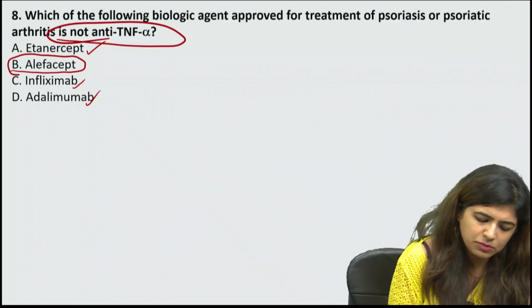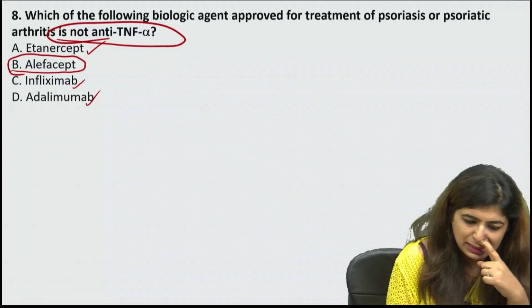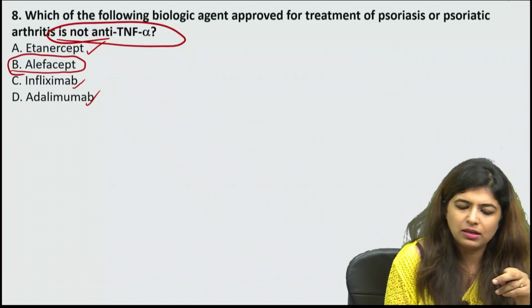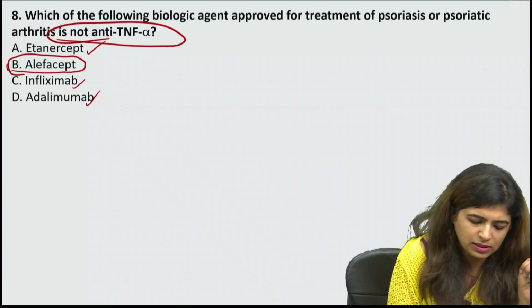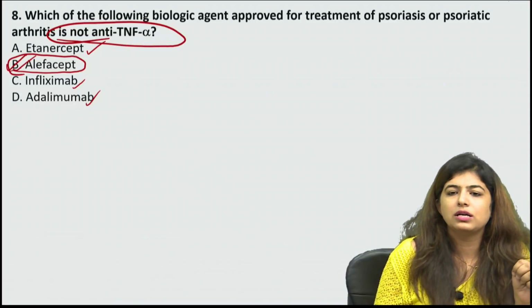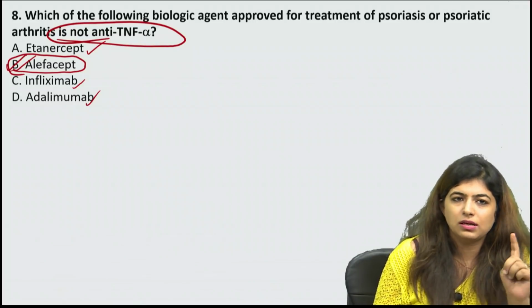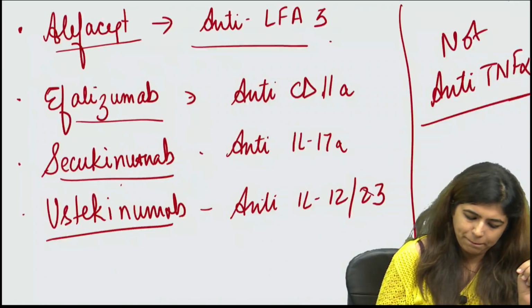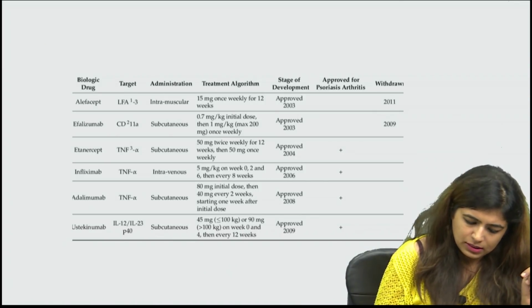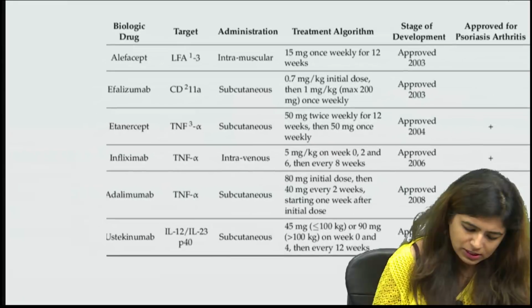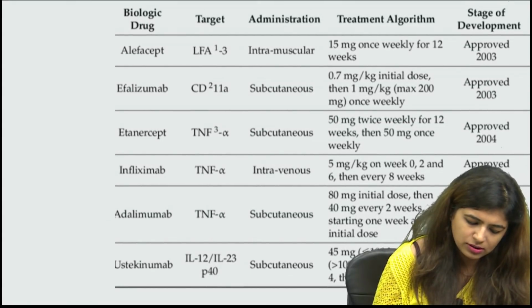However, alefacept was your anti-LFA3 agent. So the answer here is B. Clear to all? Yes, alefacept. This is just another list which is mentioning these drugs only, nothing much in this.